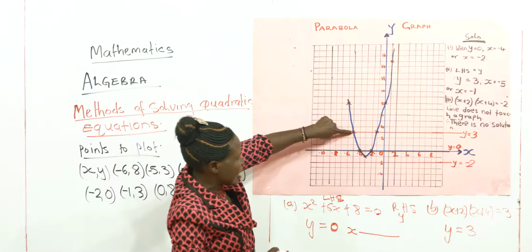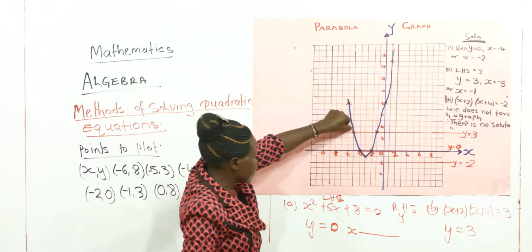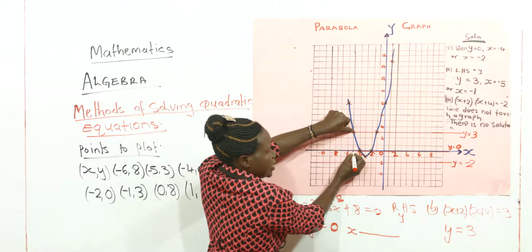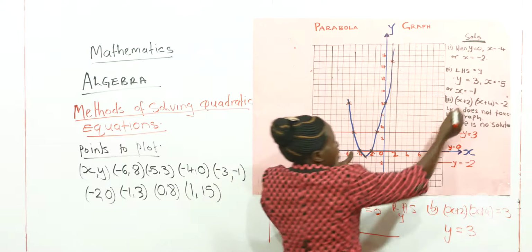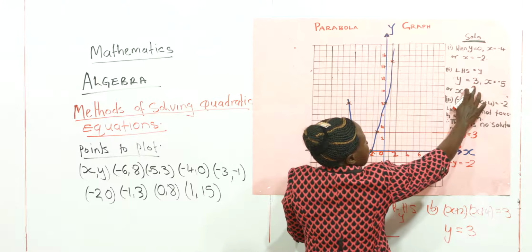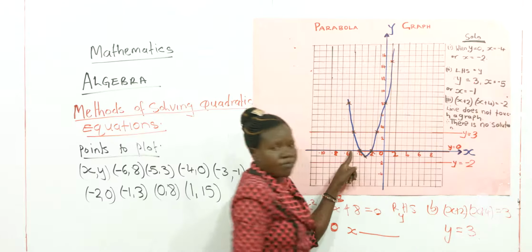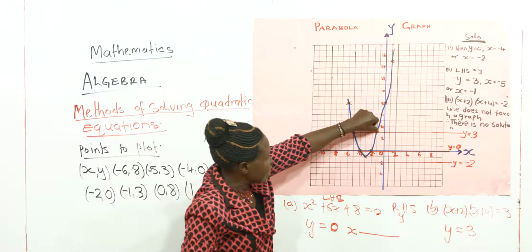So you stand where it is marked. Are you seeing it is marked here and also here? You take your reading, you come down from this point to the x-axis, and you find it is negative 5. So you say when y equals 3, x equals negative 5. Then you move to the next point, where the line crosses.